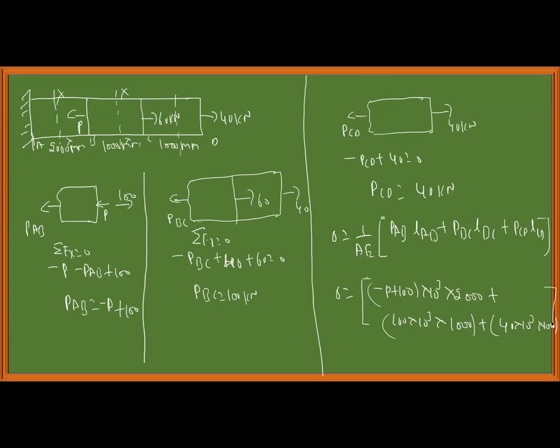I'll cancel 10 power 3 throughout, or 0 is equal to minus P plus 100 into 2000 plus 10 power 5 plus 4 into 10 power 4.